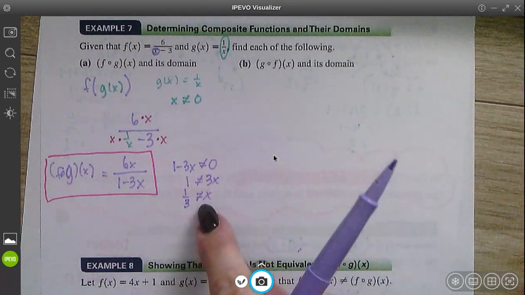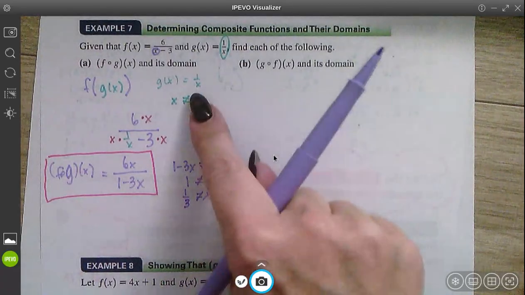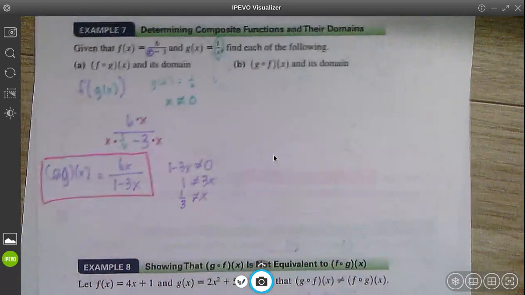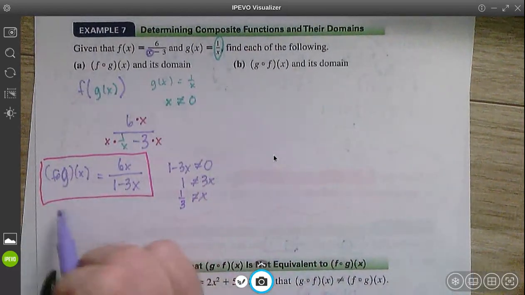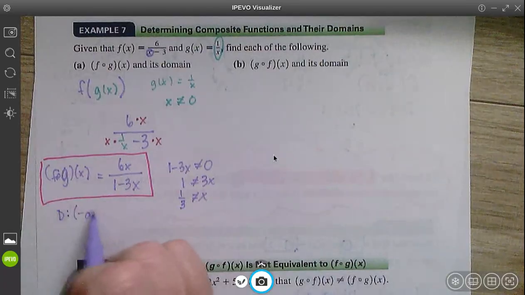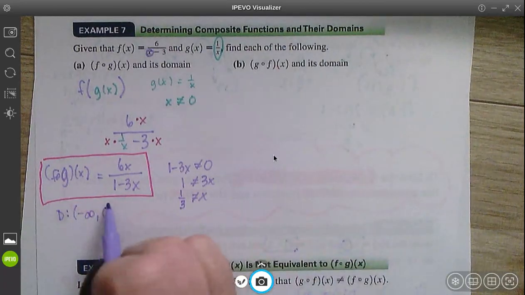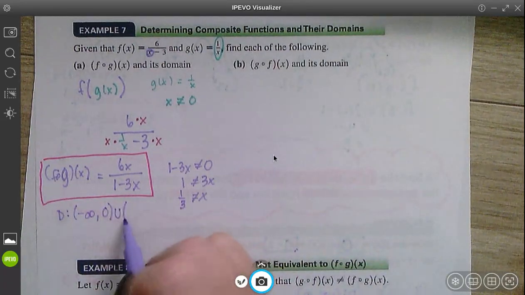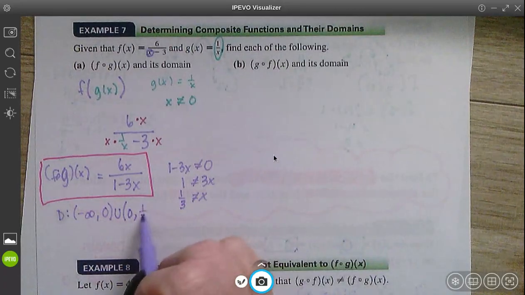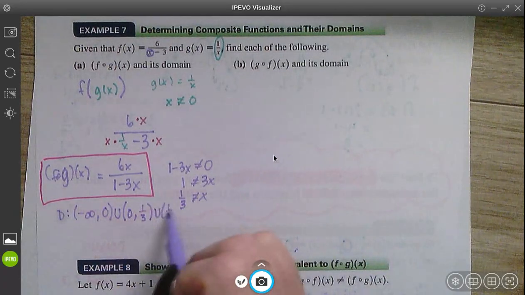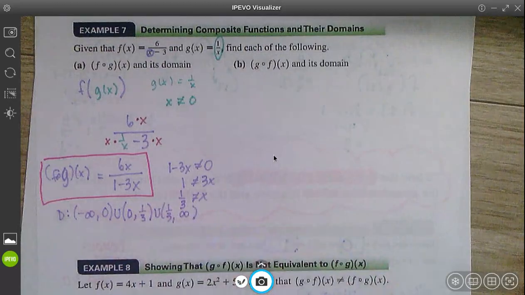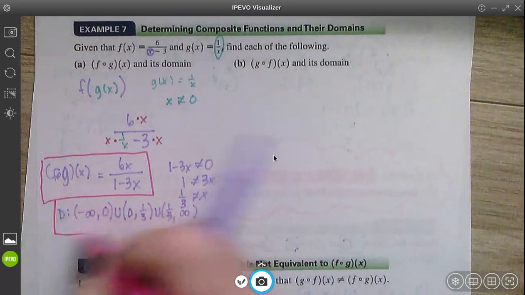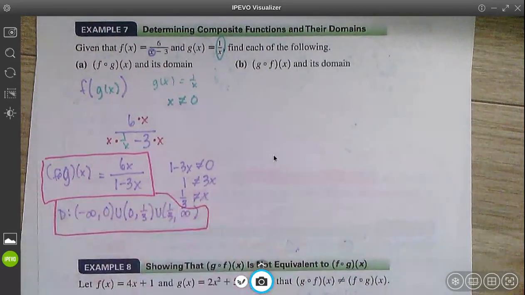So now I know x can't equal 1/3 and x can't equal 0, but it can be absolutely any other number. So I will have for a domain from negative infinity up to 0, skip over 0, go from 0 to 1/3, skip over 1/3, and go to infinity. So this will be the domain for that composed function.